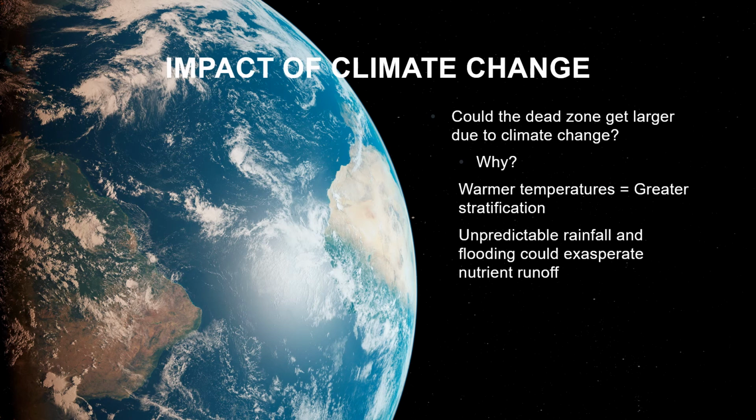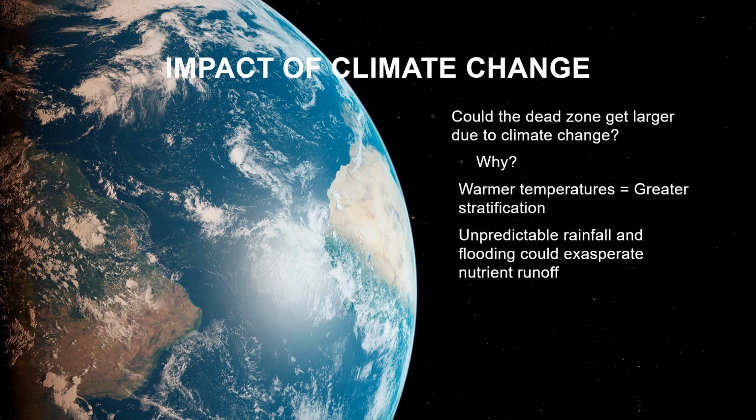Another factor to consider is the unpredictability of rainfall and flooding that could exacerbate nutrient runoff. Now, if we applied some of the solutions we talked about previously, hopefully that would mitigate the amount of nutrient runoff that we would receive. But if we experience pretty unpredictable and large rainfalls and flooding events, especially along the Mississippi River Basin, that could still increase the nutrient runoff and cause a perfect storm of creating larger areas of hypoxic zones or dead zones.